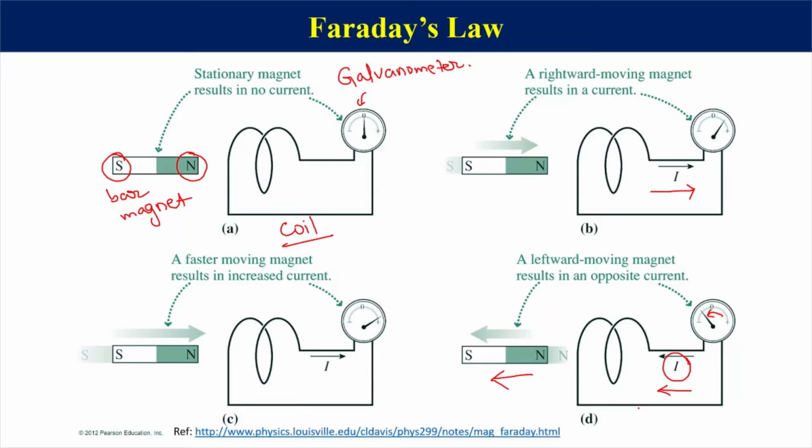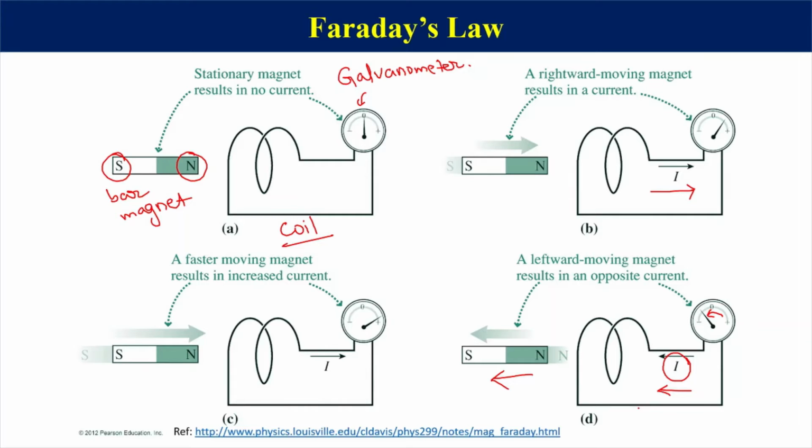Whenever the magnet is moving towards the coil, a current is established in the coil, and the current increases with the velocity of the magnet. Greater the velocity of the magnet, greater is the current produced in the coil. If you move the magnet in the opposite direction, the current flowing through the circuit is also in the opposite direction. So why actually does it happen so?